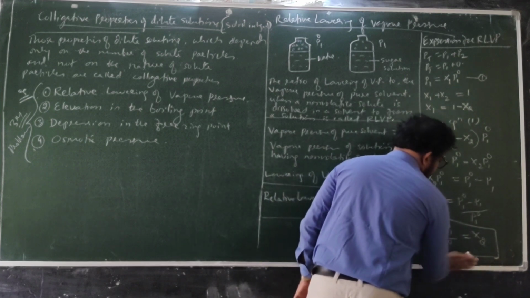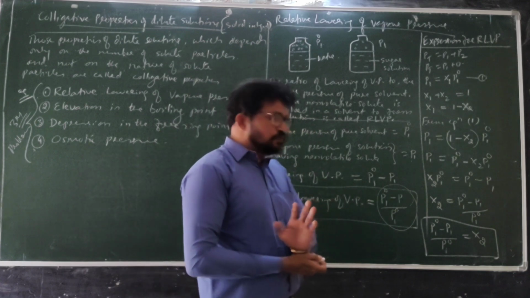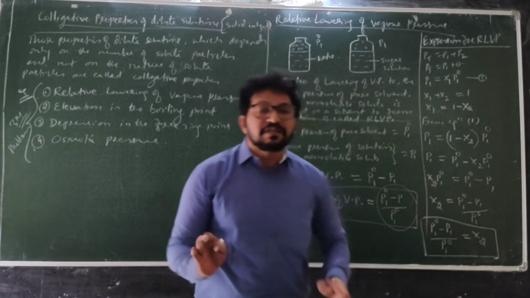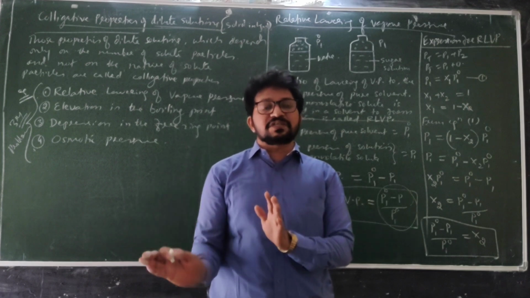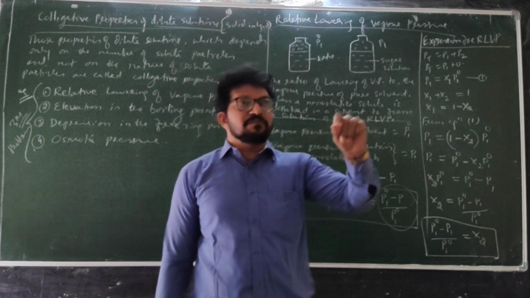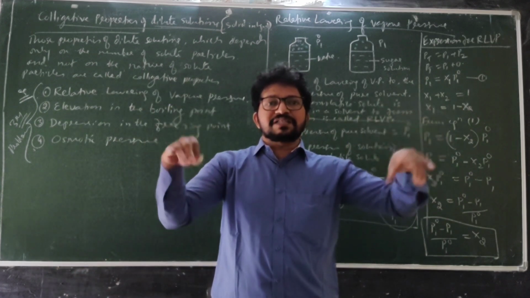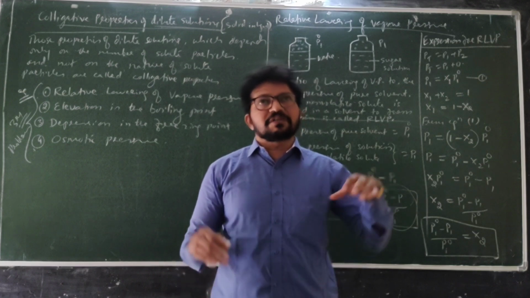It's a surprise actually. What is x2? Tell me. Mole fraction of the solute. Yes or no? Suppose some mass of sugar is dissolved in some mass of water. You convert mass into moles. Then what is the mole fraction of sugar?